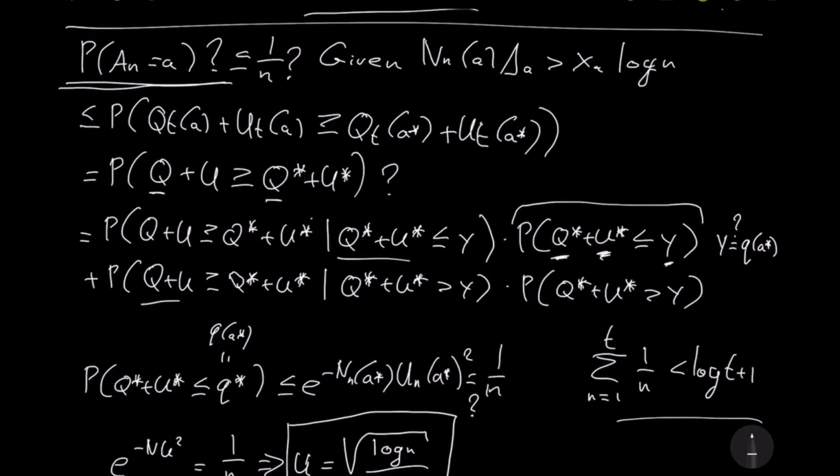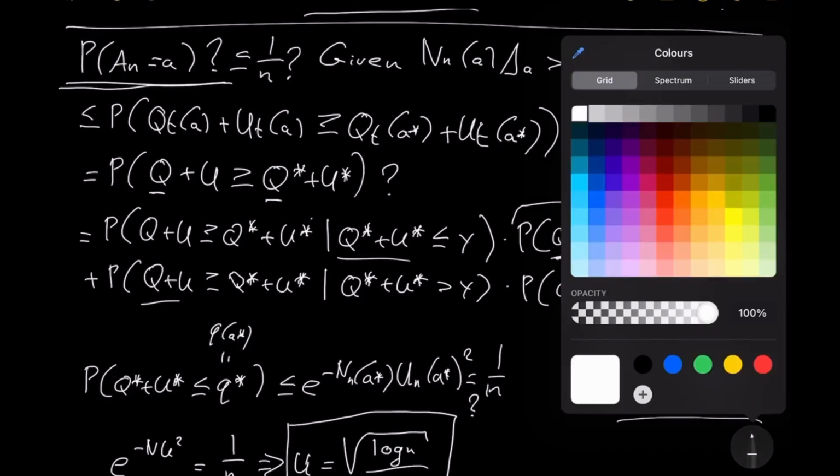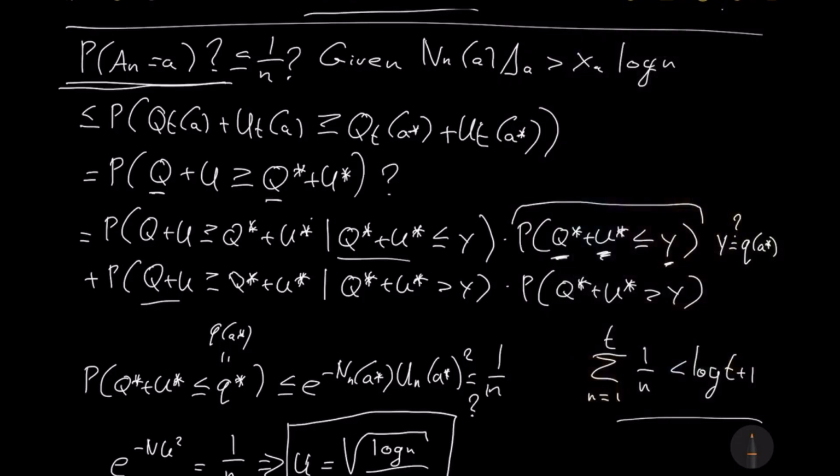We're looking at this probability of selecting the action, and what we've established is that this quantity can be bounded by 1 over n. This quantity over here can obviously be bounded by 1. So the first term is smaller or equal to 1 over n.